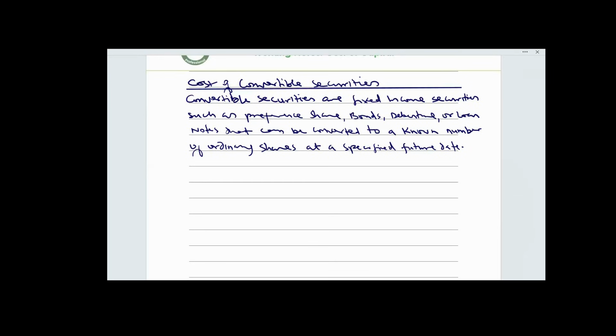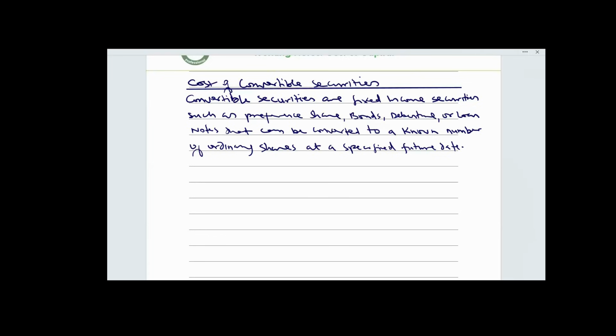For example, as a bondholder, there must be an agreement between the company and the bondholder to say that at a specified future date, let's say in the next 5 years, I can exercise the right of convertibility if it is profitable for me as an investor.